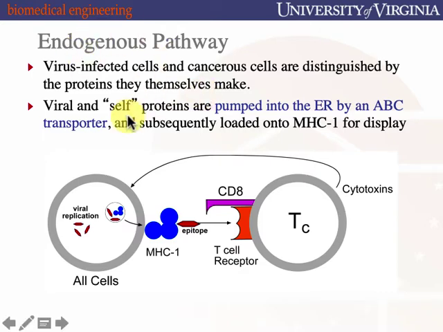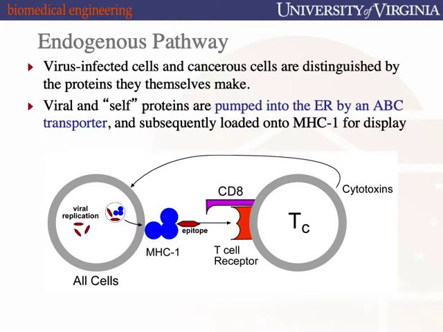We've talked about this broad class of ABC transporters in the past, that can transport large proteins and or peptides across the membrane. And in this case, it's going to pump these peptides into the ER. Now I'm inside the lumen of a vesicle. Not to be confused with these other exosomal vesicles that contain MHC class 1, that can be peptide loaded. And now when they go to the surface, they're displaying them out on their cell surface.